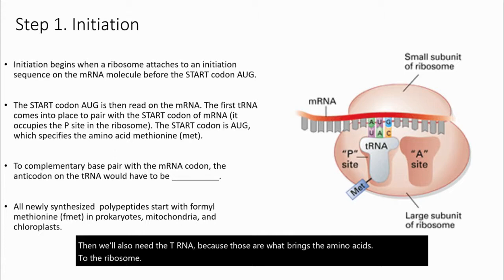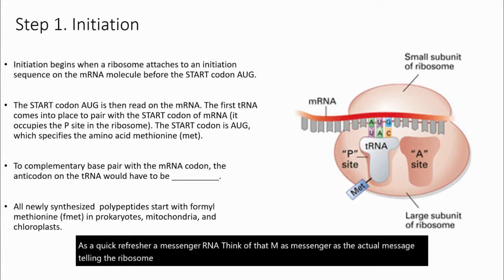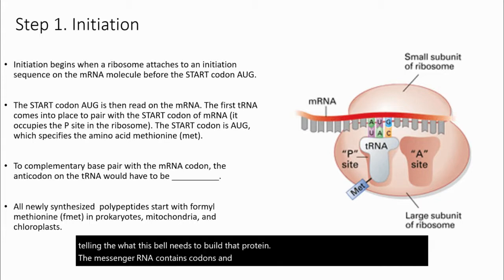So, as a quick refresher, the messenger RNA, think of that M as messenger, as the actual message telling the ribosome what the cell needs to build that protein. The messenger RNA contains codons, and each codon codes for a specific amino acid that the tRNA is going to bring.